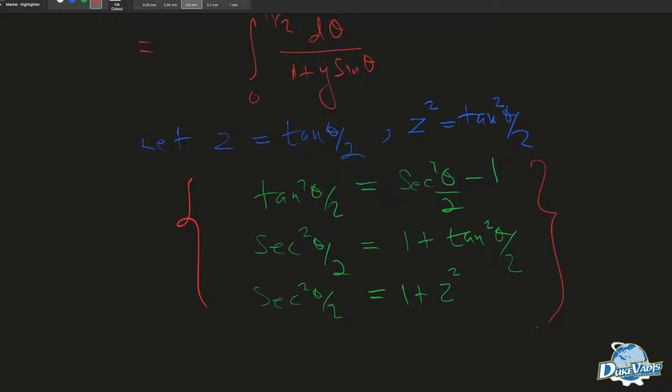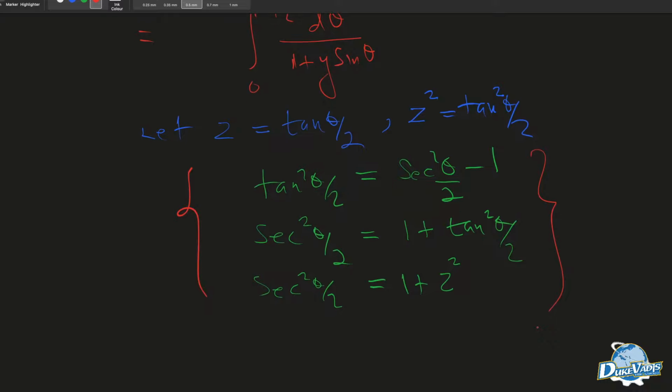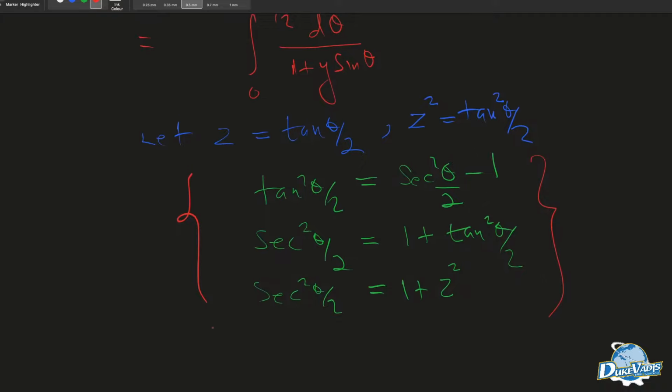Okay, now we have the theta over there, but we should bear in mind that since we have the theta over there and we have z also, z equals tan squared theta over 2.